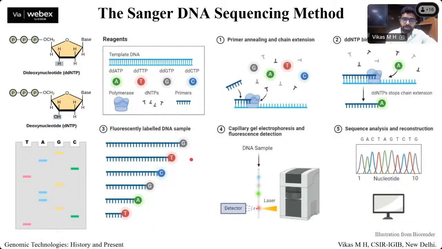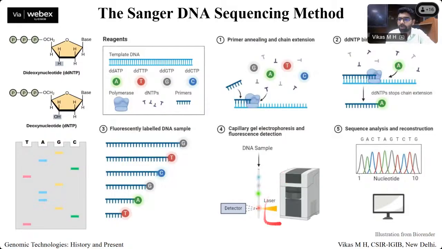Later on, what happened is that they automated this process and set up a computer where it can detect these particular variations through a laser diode, so that you don't have to do it manually.